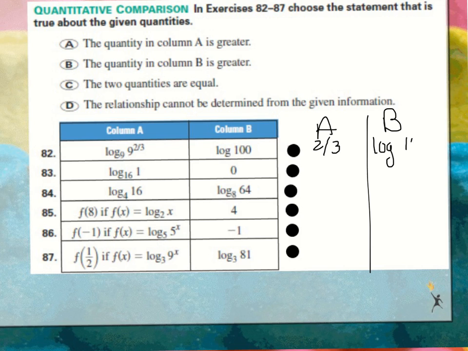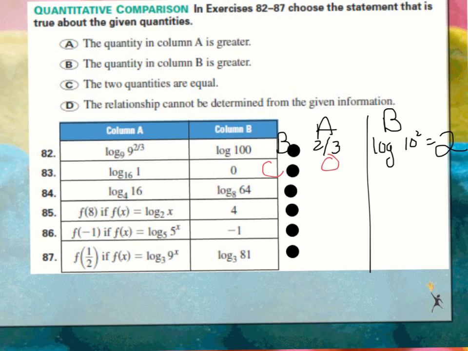It's log base 10 of 10 squared, so that equals 2. So the value in B is greater, so the answer is B from this answer choice. Okay, for 83, 16 to what power is 1? That's 0. Okay, so those are equal. That's choice C.